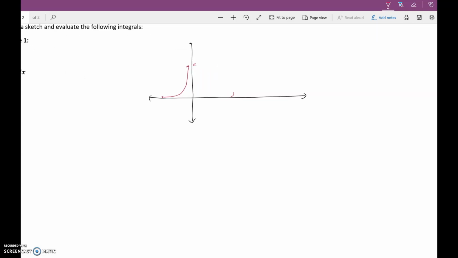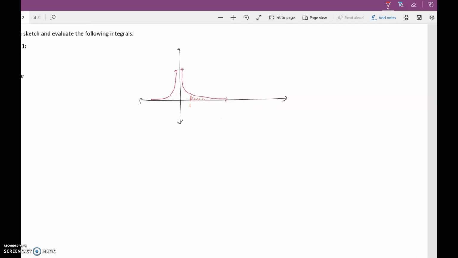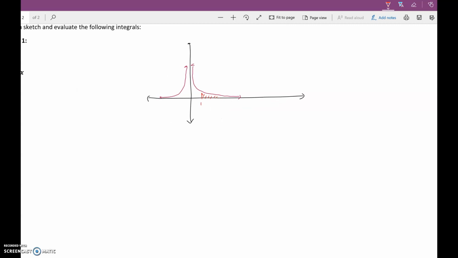It's not to scale, but this is what the actual function looks like. The main region that we're looking at is from the value of 1 towards technically infinity. So the actual area is going to be all of this, out to infinity.